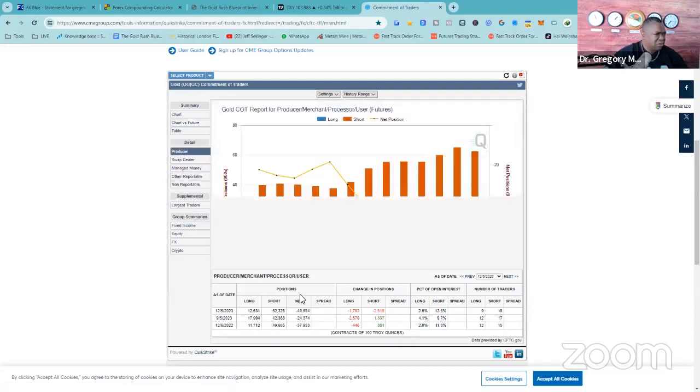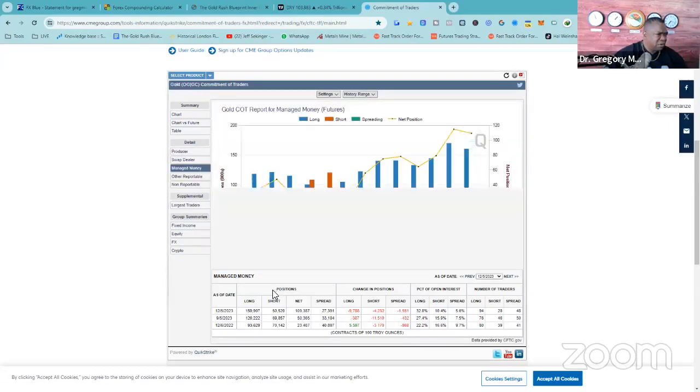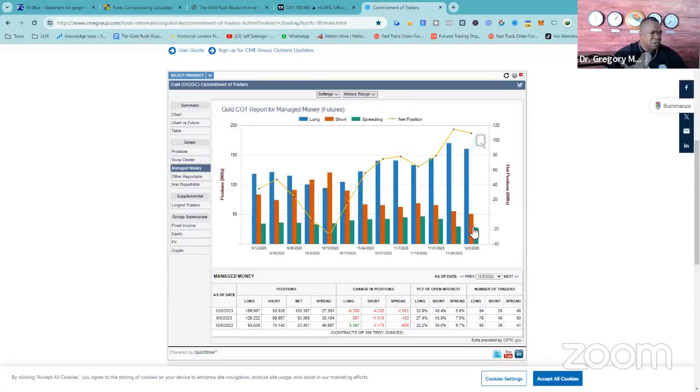Producers are producing gold and selling it, right? So the orange is selling, red, blue is buying, but the managed money, they're accumulating, and they're not selling. So with all this background, that's why it's very important to learn how to trade that shiny metal.